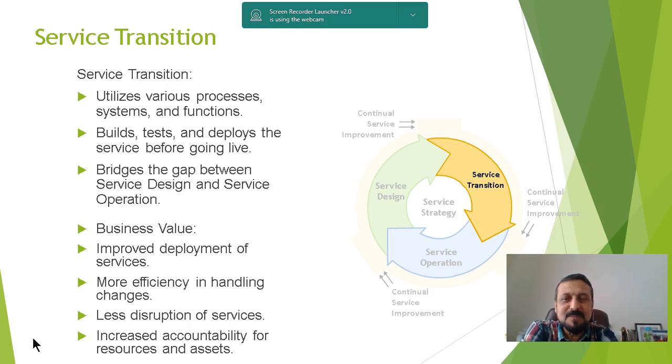From a business value perspective, there's improved deployment of services. Naturally, you are talking about making sure that the service gets deployed correctly. There's more efficiency in handling changes, because with change management, when a service requires a major change or an overhaul, for example, you want to make sure that we handle it efficiently.